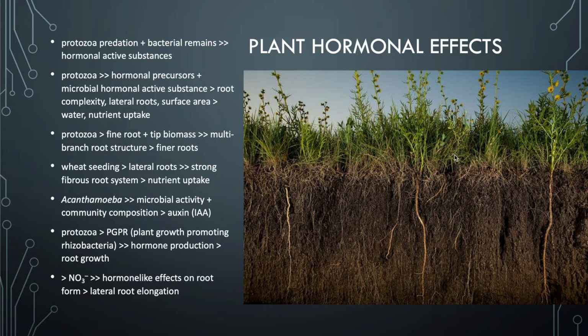So while plants produce all these hormones themselves to benefit their growth, the presence of bacterial grazers and the type of bacteria in the rhizosphere also stimulates plant growth, as plant hormones are released through these ecological interactions of all these organisms working together.